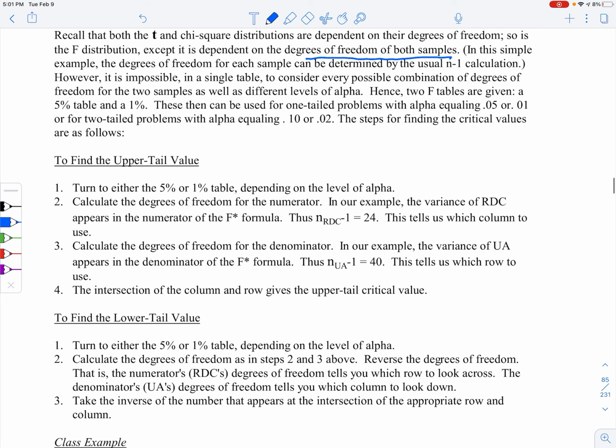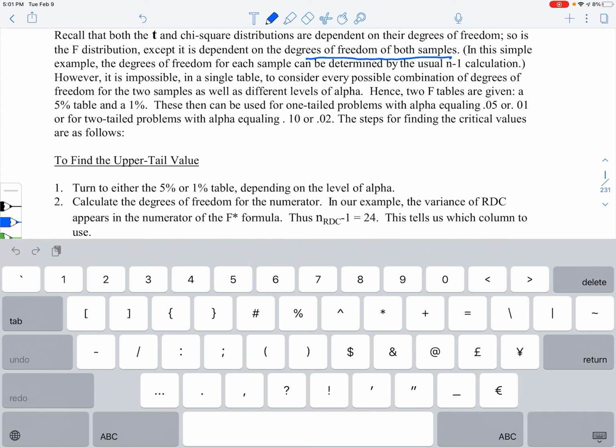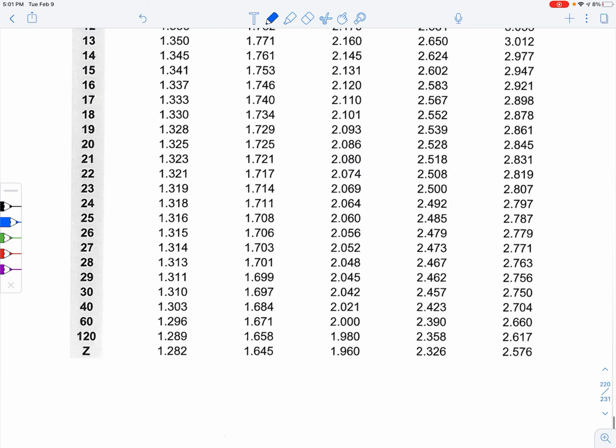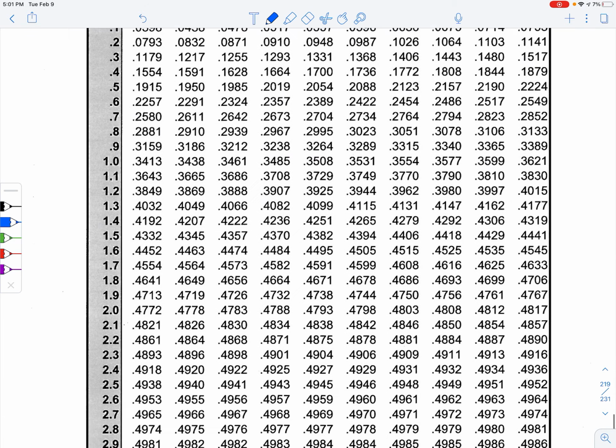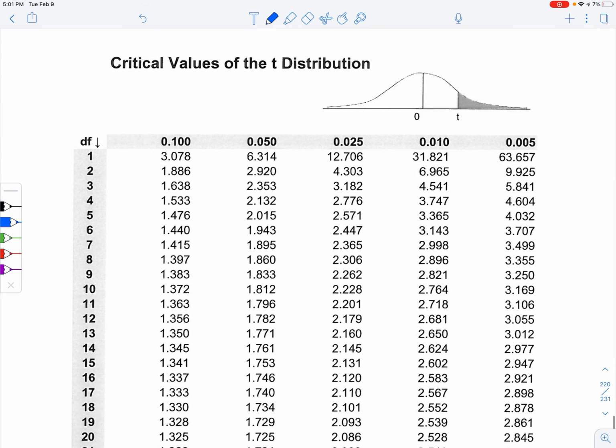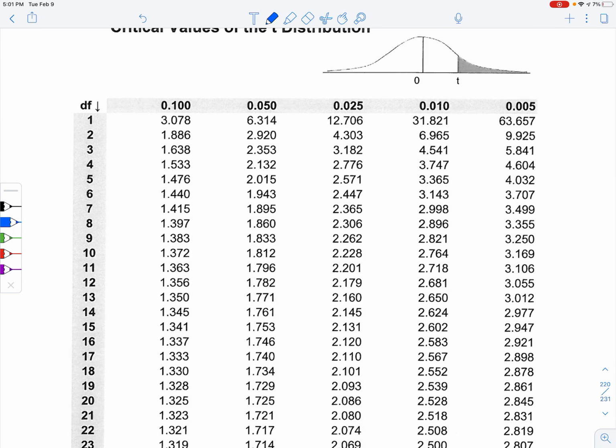Let's take a look at the tables at the very end here. So here's a normal table, and remember with the t table, each row has degrees of freedom, and we chose certain percentages which are the common alphas or alpha over 2's.